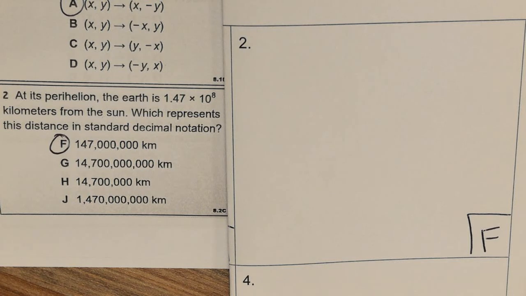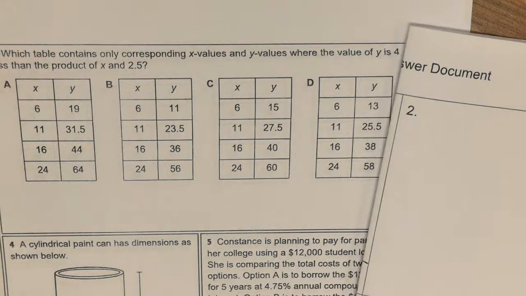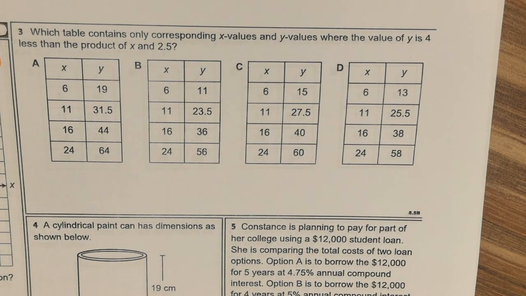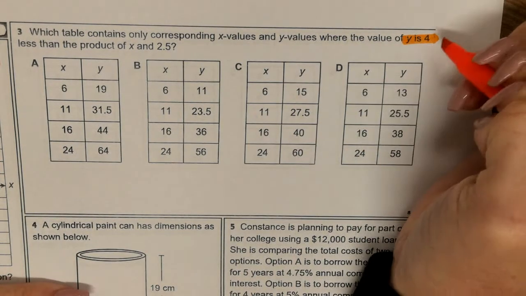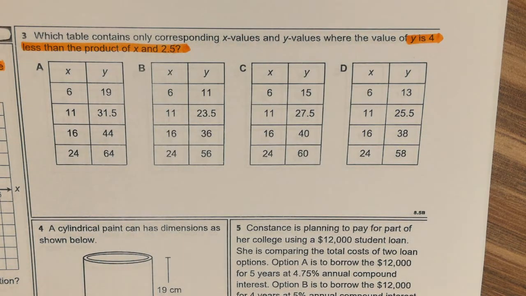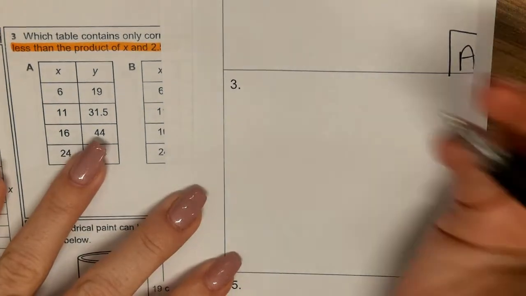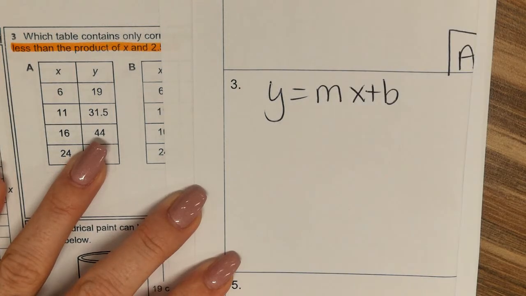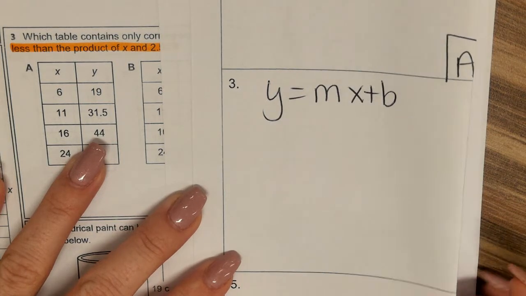That one did not take you showing much work. Number 3 took you writing an equation. So let's go look at number 3. Number 3 says, which table contains x and y's where y is 4 less than the product of x and 2.5? Anytime you see a question like this, you have to write an equation in y equals mx plus b form. So they gave you 2 numbers.